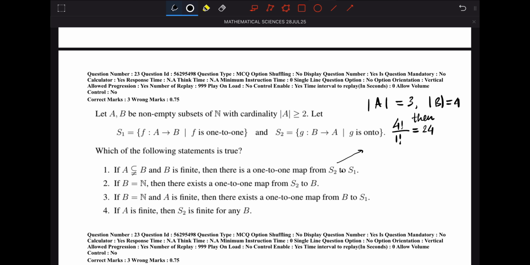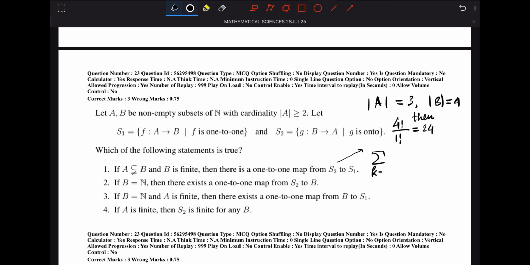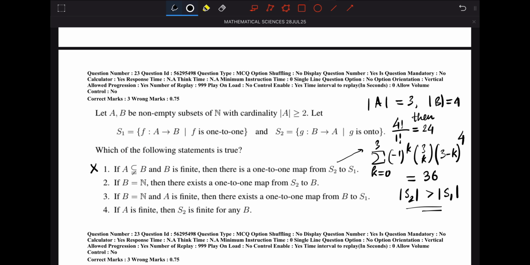But the number of surjective maps from B to A is the summation k from 0 to 3 of minus 1 power k, 3 choose k, (3 minus k) power 4. So you will get 36. So cardinality of S2 is strictly bigger than cardinality of S1. So that means this option is not true.